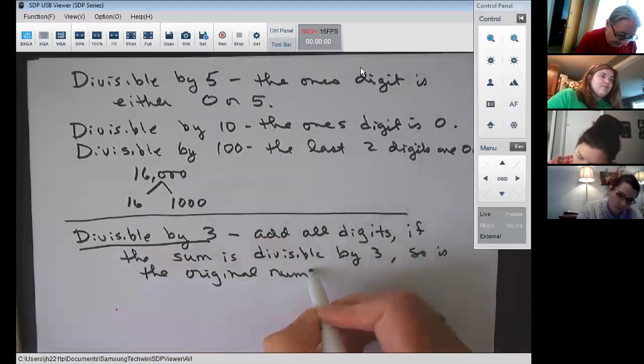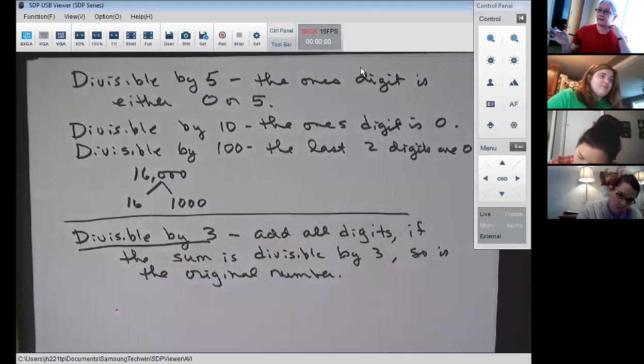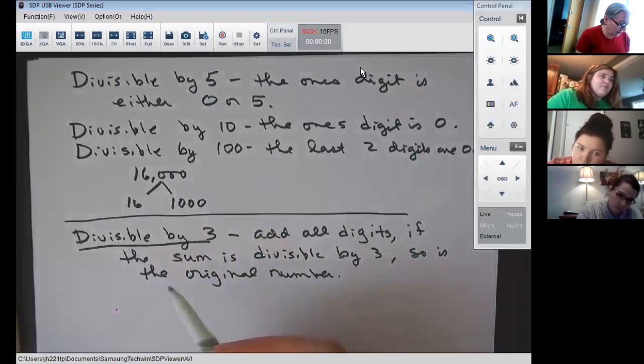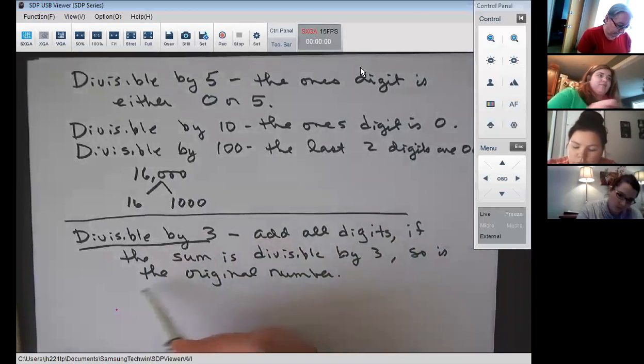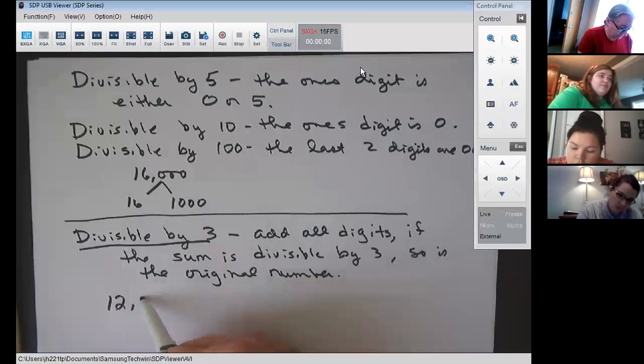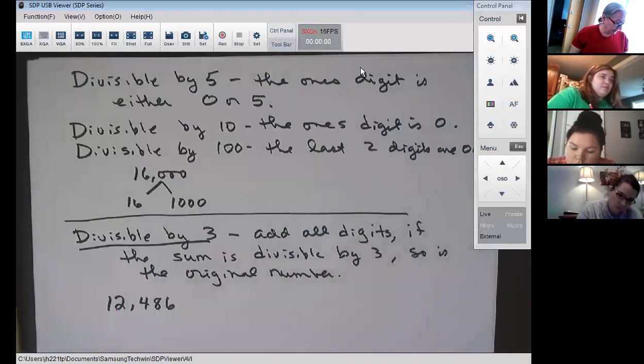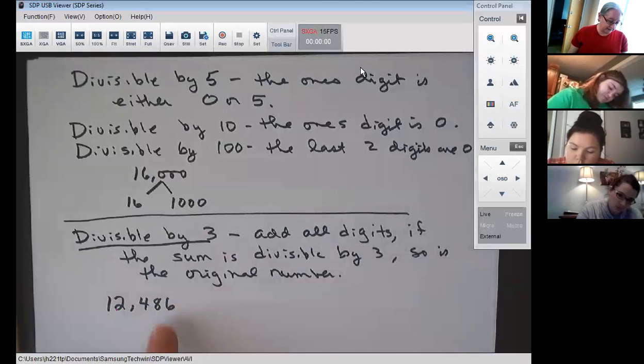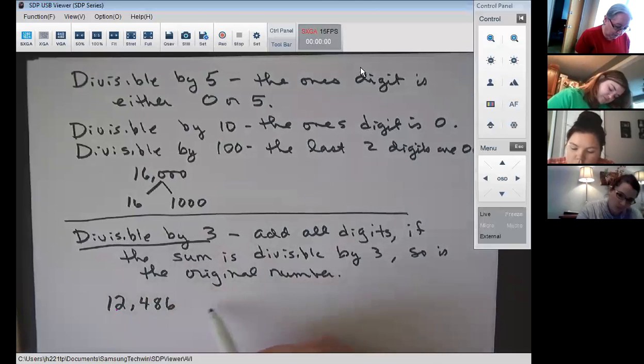This one is really handy, and it really usually doesn't take too long to do this. A minute ago, I had this number, 12,486. We said it's divisible by 2 because it ends in 6. Well, now the question is it divisible by 3?